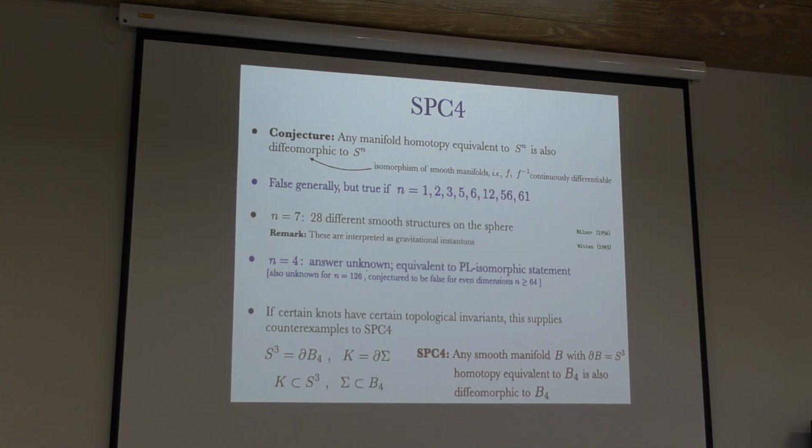Another strategy is the slice-ribbon conjecture. The slice knots have a property called ribbonness. Ribbon knots may or may not be slice. By showing certain knots are ribbon, so that happens. A ribbon knot is always slice. So that means the slice genus is 0.